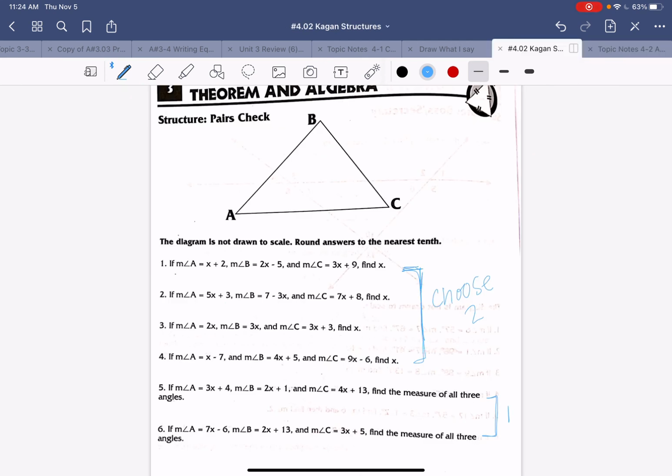Put these in your notes. You're going to choose 2 of 1 through 4, and then 1 of the 5 and 6, so you have that practice under your belt.